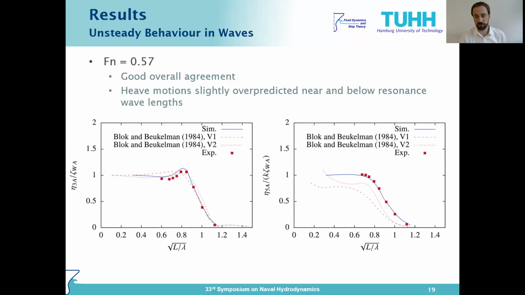Nevertheless, we think that the results of strip methods are quite useful also in this case, considering the low computational effort which is necessary for strip methods. Again, version 2, which accounts for forward speed effects more accurately than version 1 does, gives better results for this case.